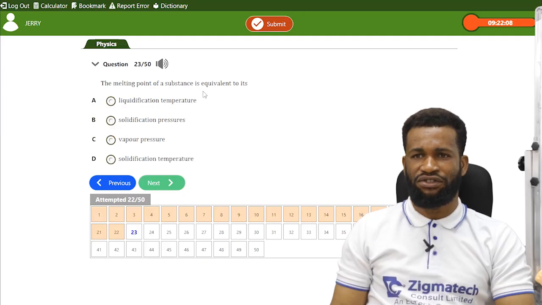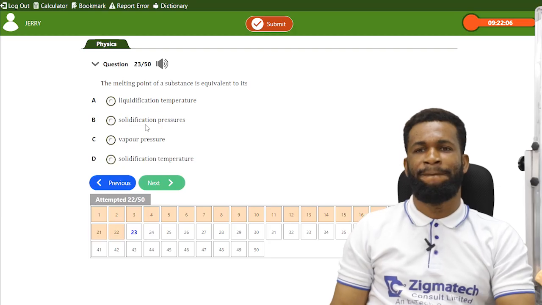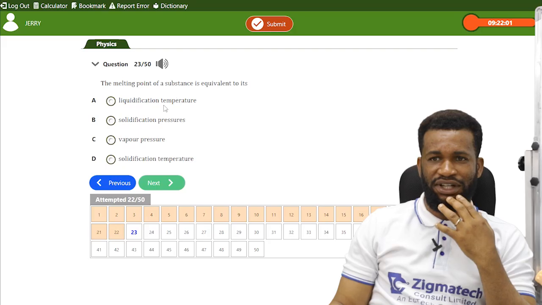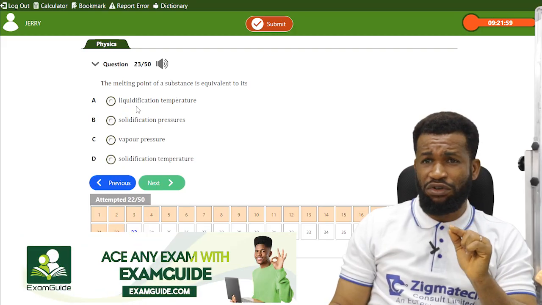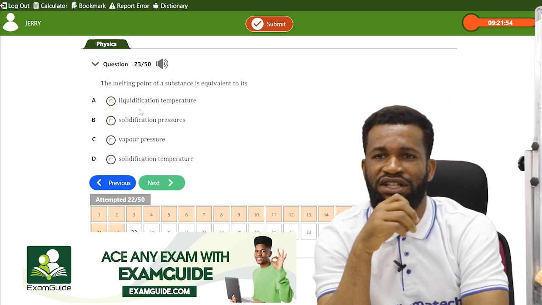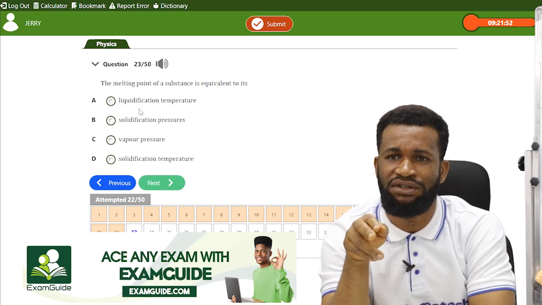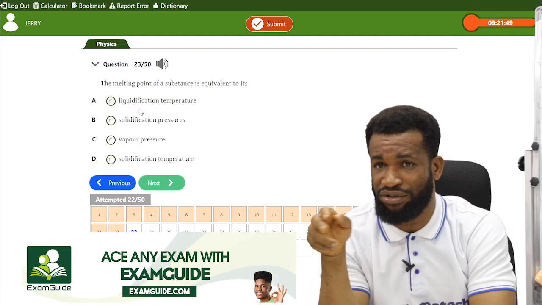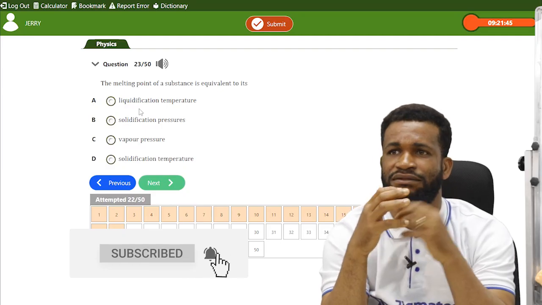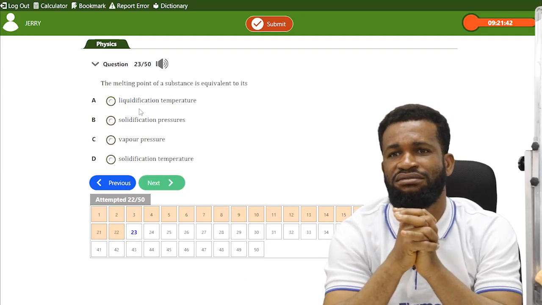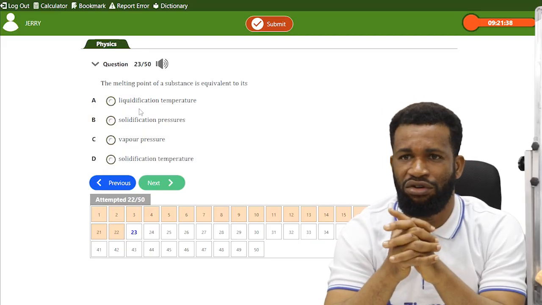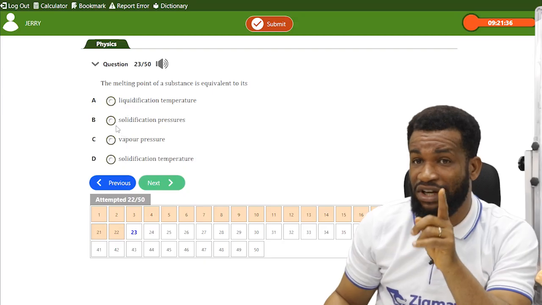The melting point of a substance is equivalent to its: liquidification temperature, solidification temperature, or vapor pressure? When something is melting, it's turning to liquid. So it's equivalent.